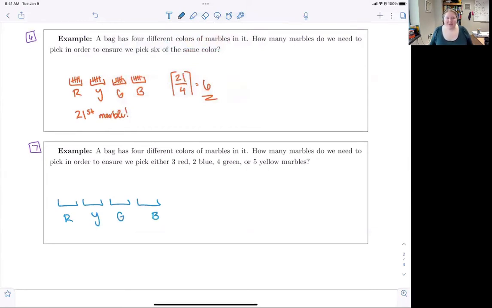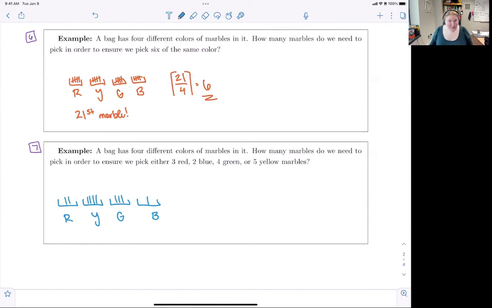What we're looking for, though, is that the worst case scenario, or kind of almost there but not quite, is different for each color, right? So maybe 2 red and, oops, I did this in the wrong order. All right, 5 yellow would be 4 yellows, and then 3 greens and 1 blue. So in each of these cases, we are almost there.